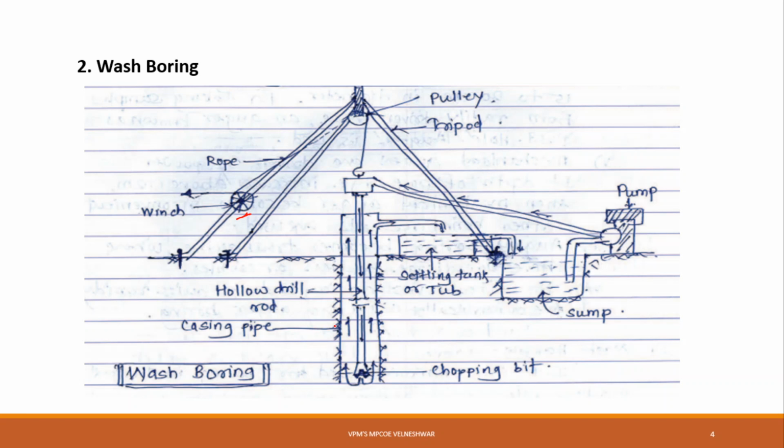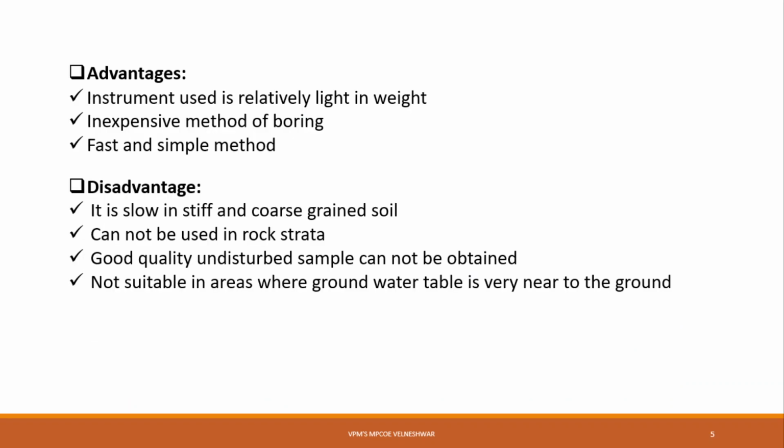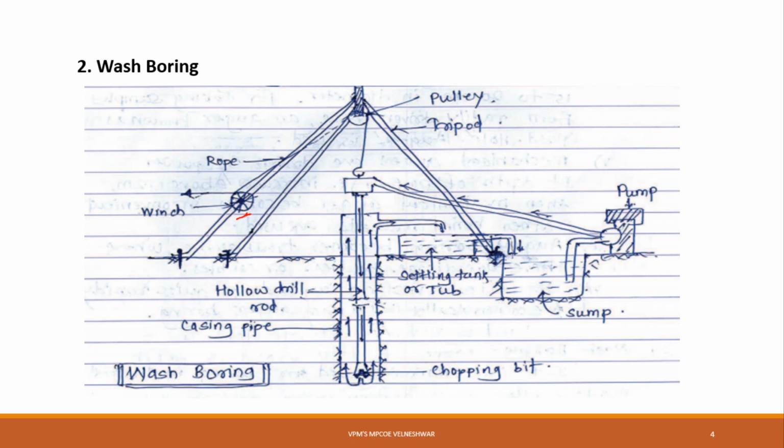Now I will explain one by one. It is commonly used for boring in different soils. To start with, the hole is advanced a short depth by auger, and then a casing pipe is pushed in to prevent the sides from caving in.